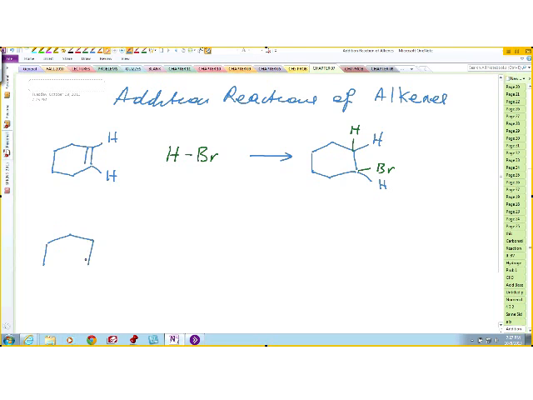Supposing I do this, and I give you the same reactant, hydrogen bromide. What will be the product? What will be the product? I will tell you right now. The product is going to be this here.